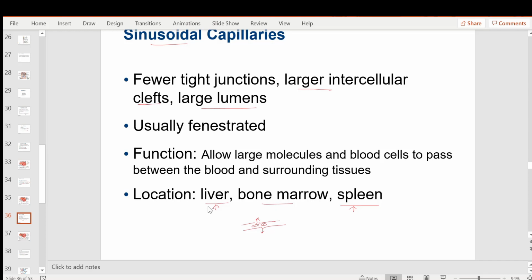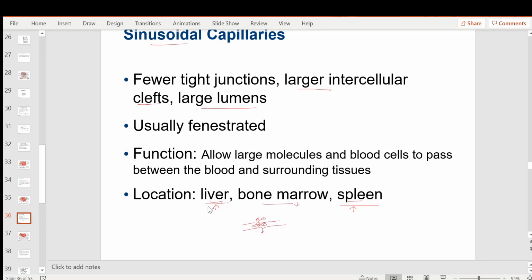Okay, and bone marrow, we know that bone marrow is the site where the blood cells are produced. So also in the bone marrow you have the sinusoidal capillaries. So new blood cells from outside of the capillary can enter into the blood. So old blood cells will get out to the liver and spleen, and new blood cells will get in.